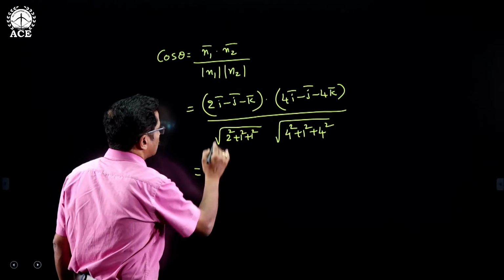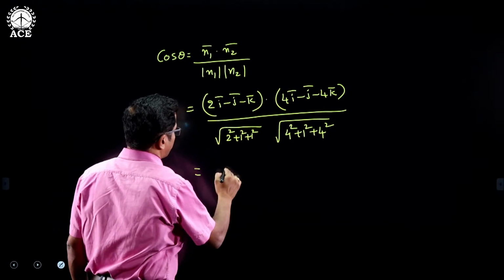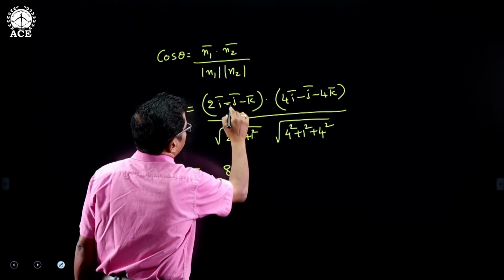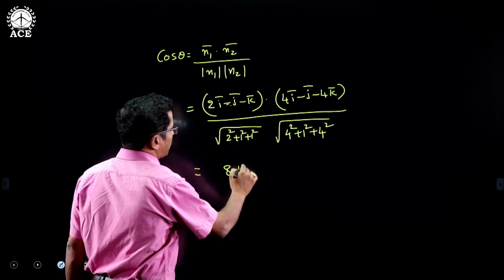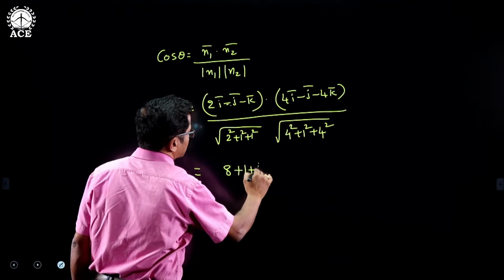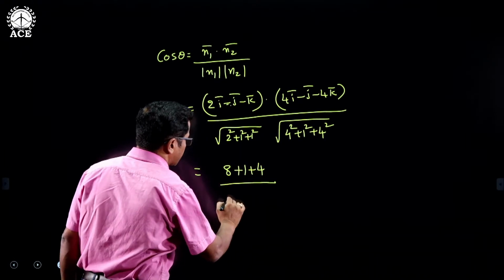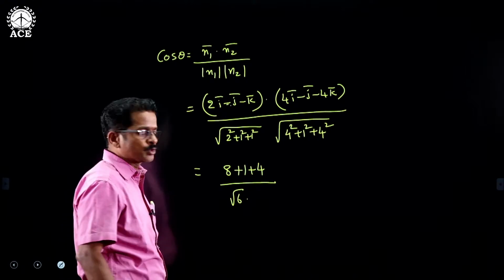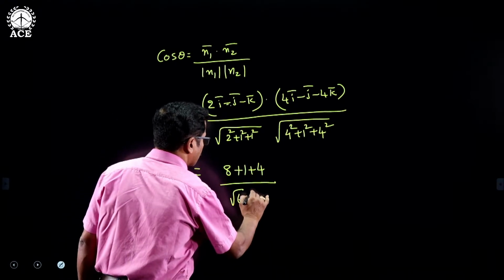So which is equals to 2 i bar dot 4 i bar is 8, minus into minus plus, minus j bar dot minus j bar is plus 1, minus k bar dot minus 4 k bar is 4, so 8 plus 1 plus 4 by root 6 into root of 16 plus 16 is 32, plus 1, root 33.